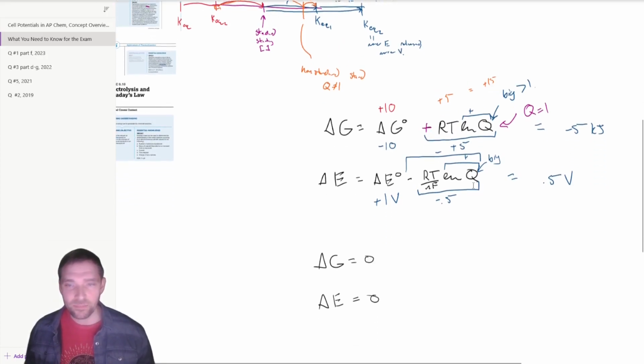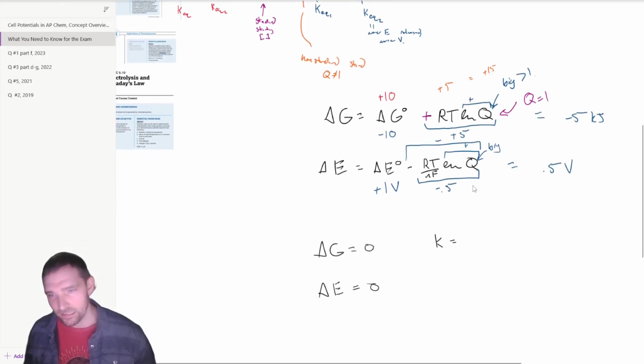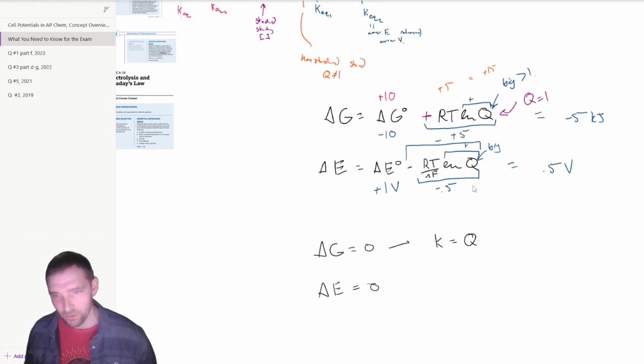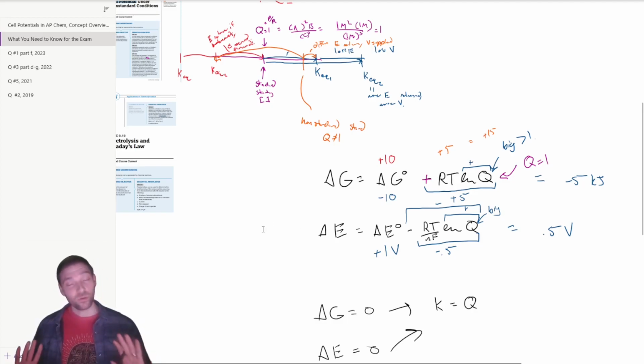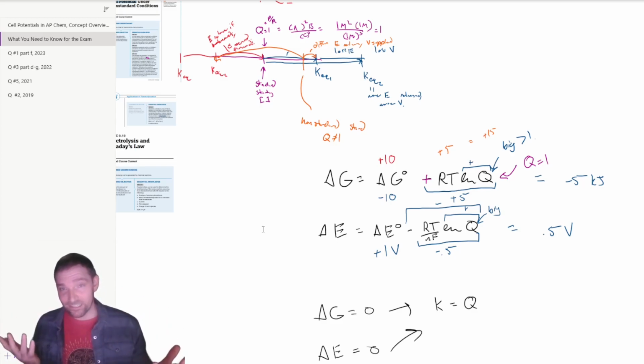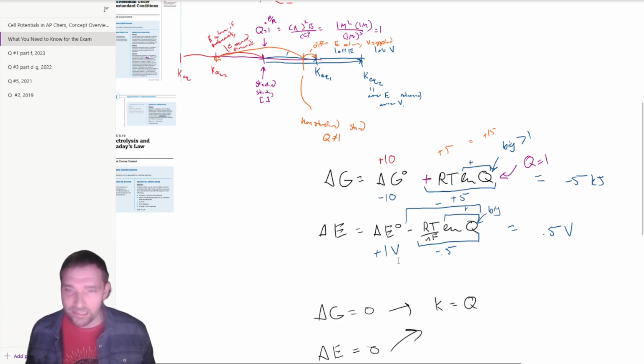So it's essentially meaning that K is equal to Q in both of these cases right here. So if we're thinking about this, okay, if I cancel out how much this reaction normally wants to go forward by making it harder to go forward, then it's just not going to go forward that certain amount.